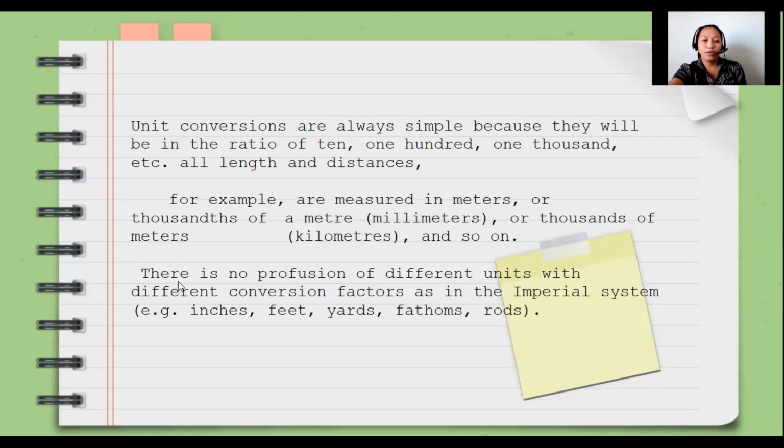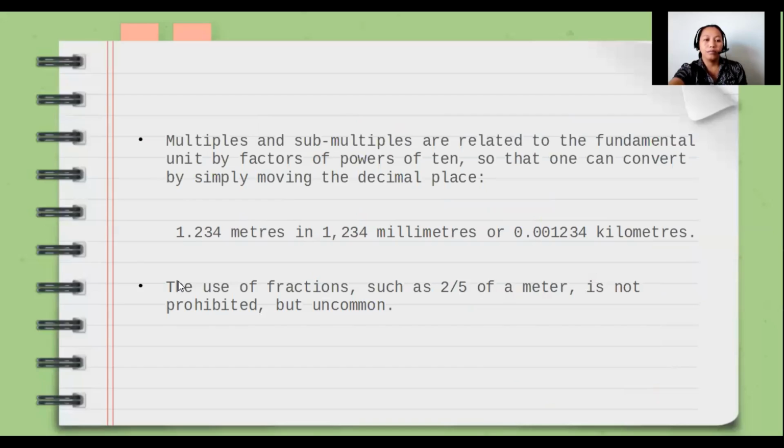These are also other units of measurement. Multiples and submultiples are related to the fundamental unit by factors of powers of 10, so that one can convert by simply moving the decimal place.